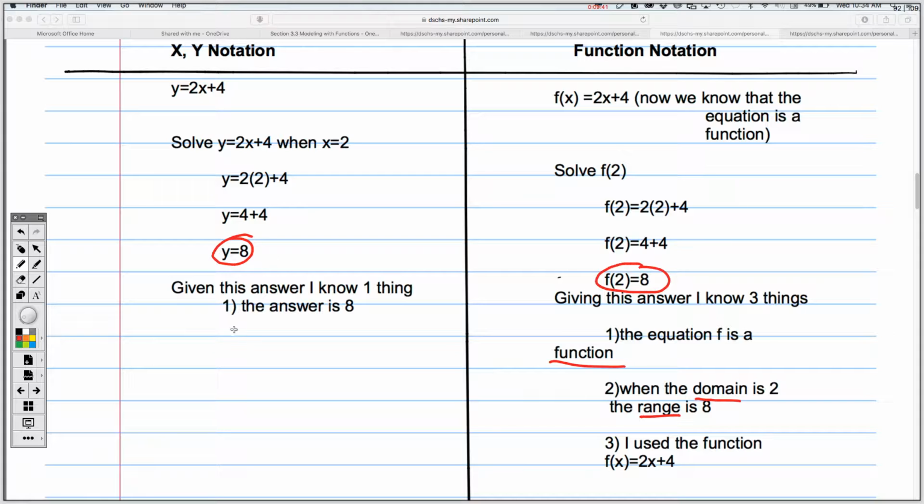Here I only know the range. For the answer is 8, we know the range is 8, is what we could say, instead of the answer is 8. So I know range is 8, and I know domain is 2. And then on this one, I use the function f of x equals 2x plus 4. So I even know what equation I used to get this, because I would look back up here, find out that the equation is f of x.